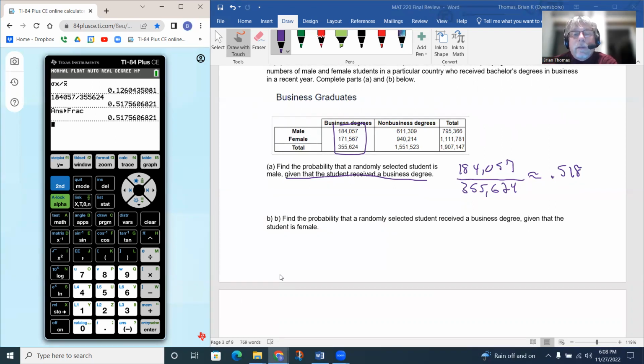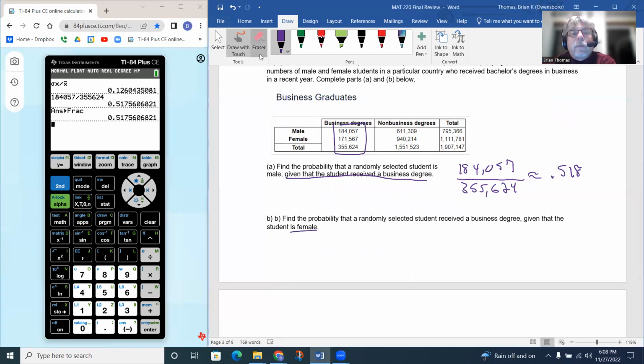The other probability was: find the probability that a randomly selected student received a business degree, given that she is female. So now we're talking about it's female, so we're looking at it from this direction. It's known female. Of all the females, how many actually received a business degree?